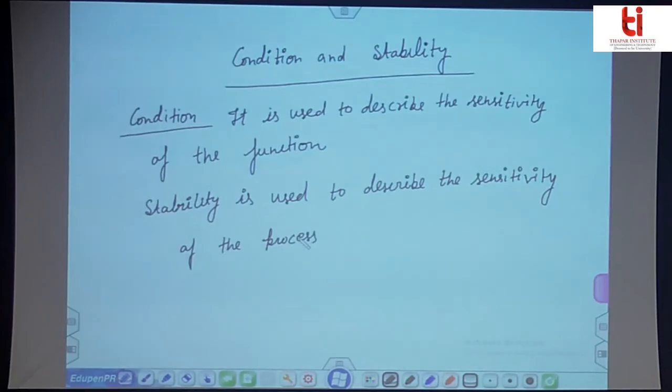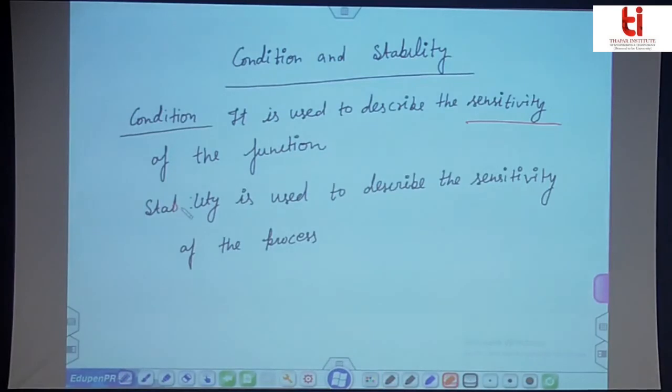So conditioning is used to describe the sensitivity of the function. This is the important thing, sensitivity. Okay, if we know the condition number, then we can say something about the sensitivity of the function. Stability is used to describe the sensitivity of the process.